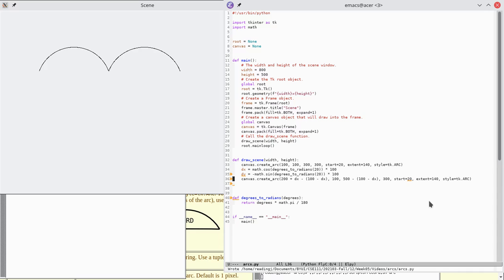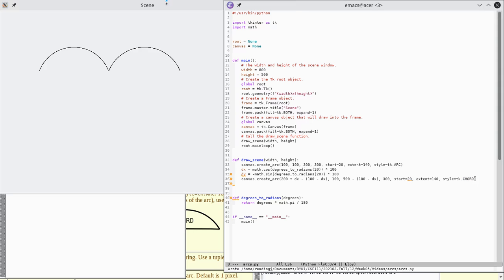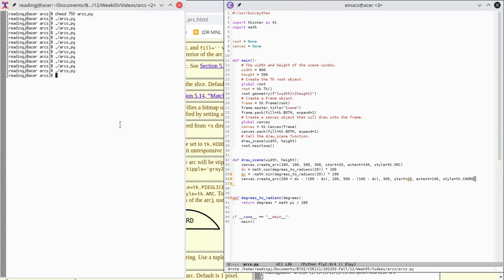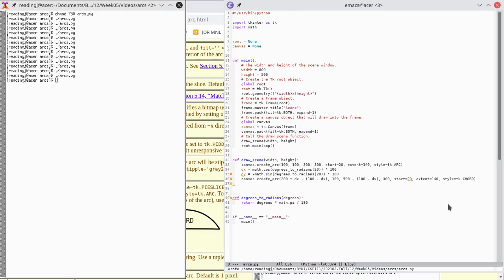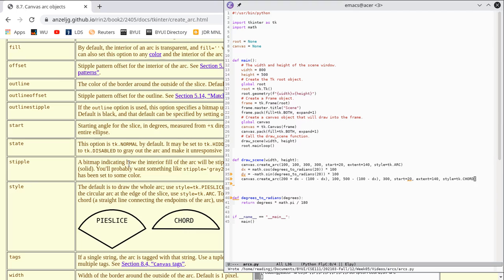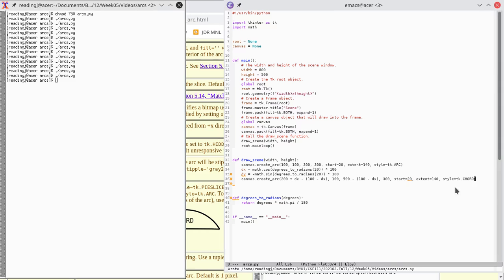I was going to show you what this does. Chord draws the line between those two endpoints. Why would you ever want to do that? Well, I don't know. But if you did, that's what happens. PieSlice, I think is what they called the other one. Yeah, all one word.